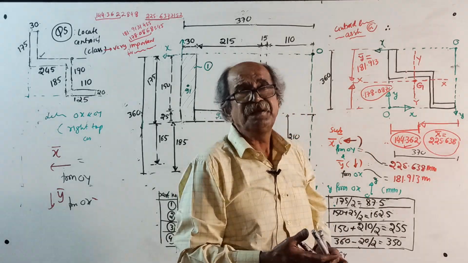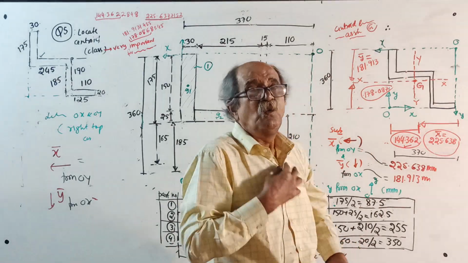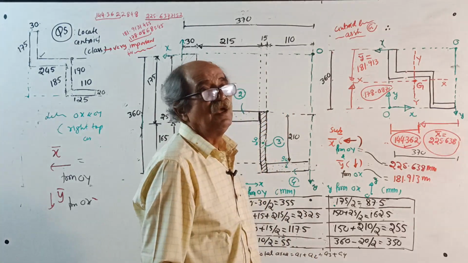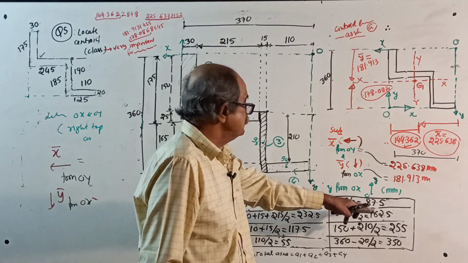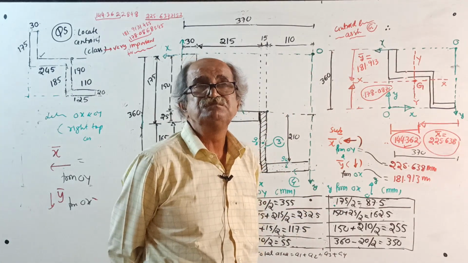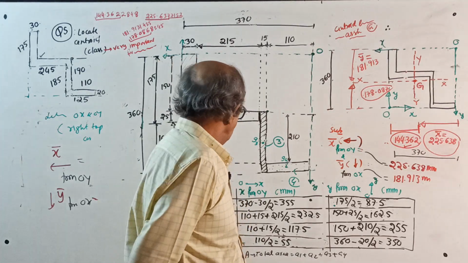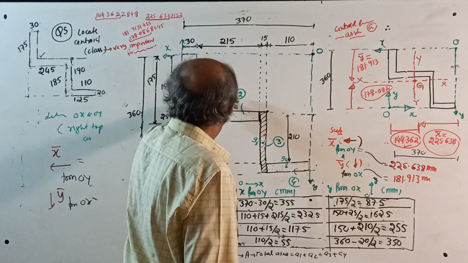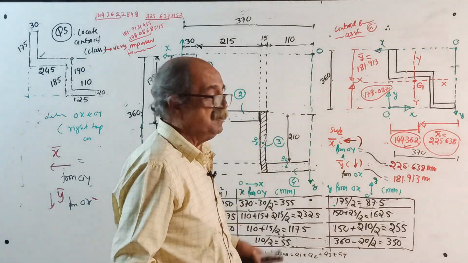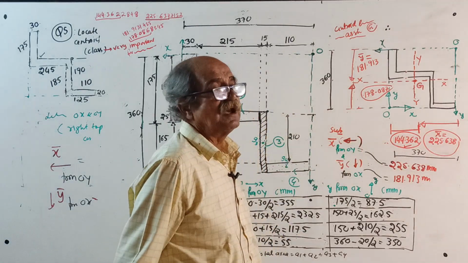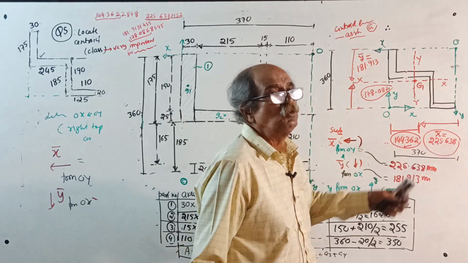Now, one interesting point. I wrote everything earlier to save time. Whatever I tried, I was not getting the answer. I tried 2 times, 3 times, 4 times. Very slowly, I checked all distances very carefully. Still, X bar was not coming 225.